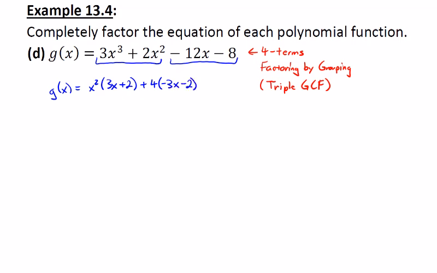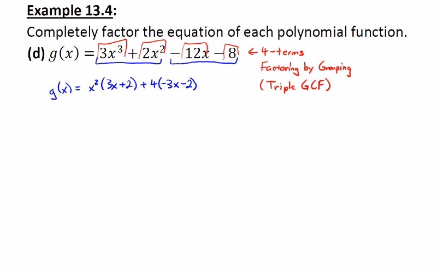4 times (3x − 2). Now, once I do that, I change the structure of my equation a little bit. In the original written equation, there are 1, 2, 3, 4 terms separated by the additions and subtractions.